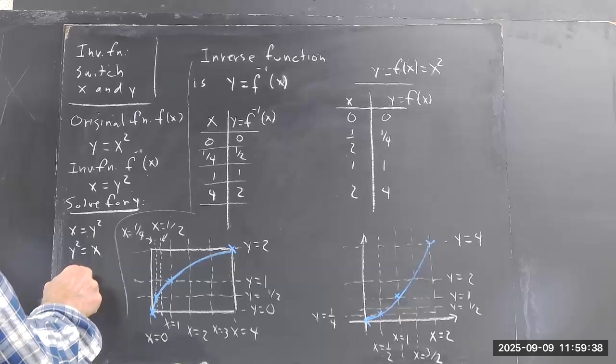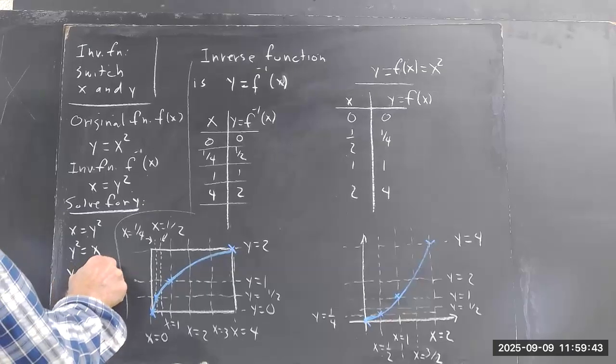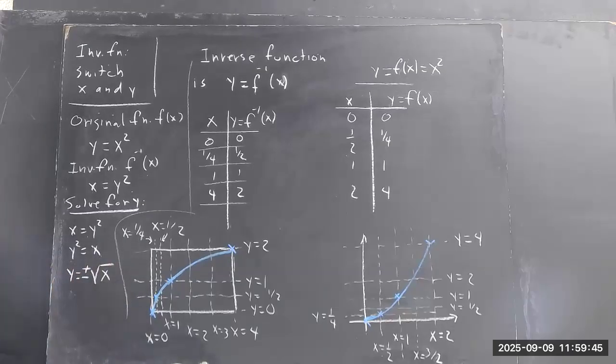Well, the solution to that equation is, and always has been, y equals plus or minus the square root of x. Make sense? If you understand anything about what a square root is, it should make sense.